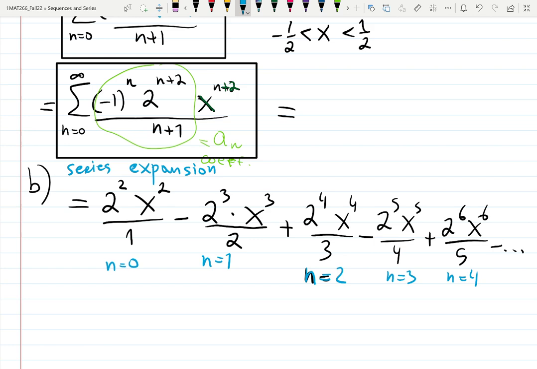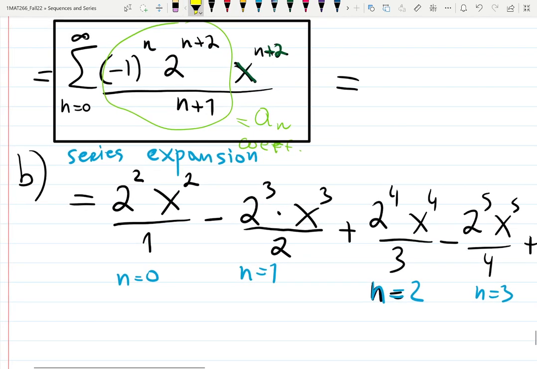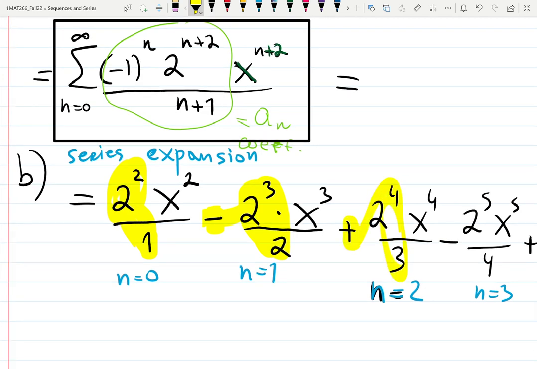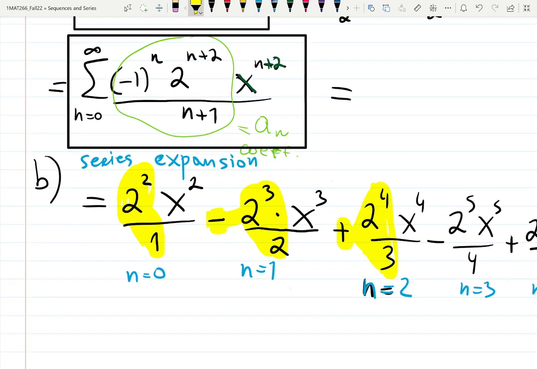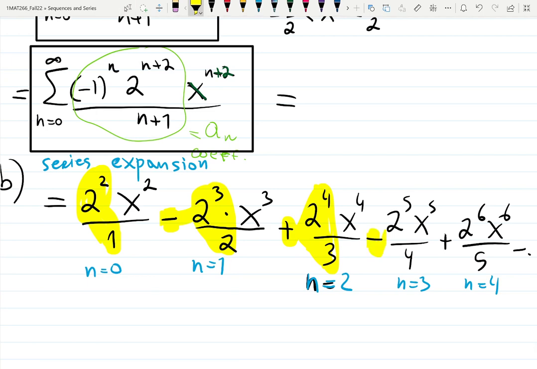Now, we're asking you to figure out the coefficients. Let me put it in yellow. Check it out. Coefficients are 2 squared over 1, minus 2 cubed over 2, plus 2 to the 4 over 3, minus 2 to the 5 over 4, plus 2 to the 6 over 5.